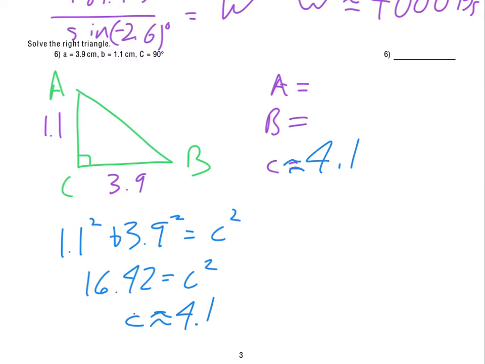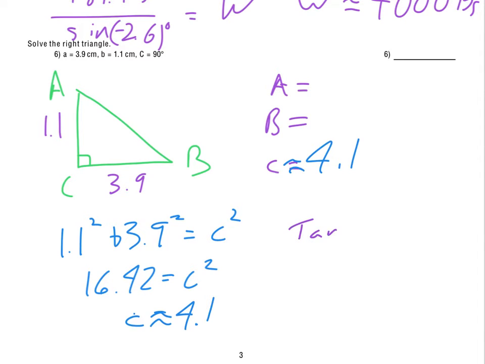So finding angles A and B, I will need to use an inverse trig function. I don't want to use the length of side C because I just had to calculate that from my other values and approximate it. So I want to use the 1.1 and 3.9. For angle A, I could set up a tangent equation.